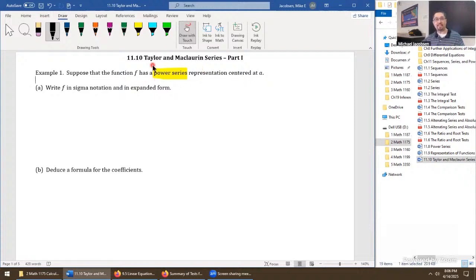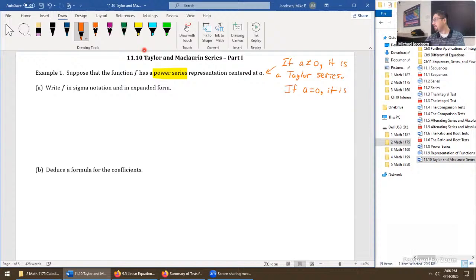Well, that means it could be a Taylor series if a is not zero. Let's say that here. If a is not zero, it is a Taylor series. Might as well finalize this entire statement. We've said it before, but let's say it again. If a is zero, it is a Maclaurin series.